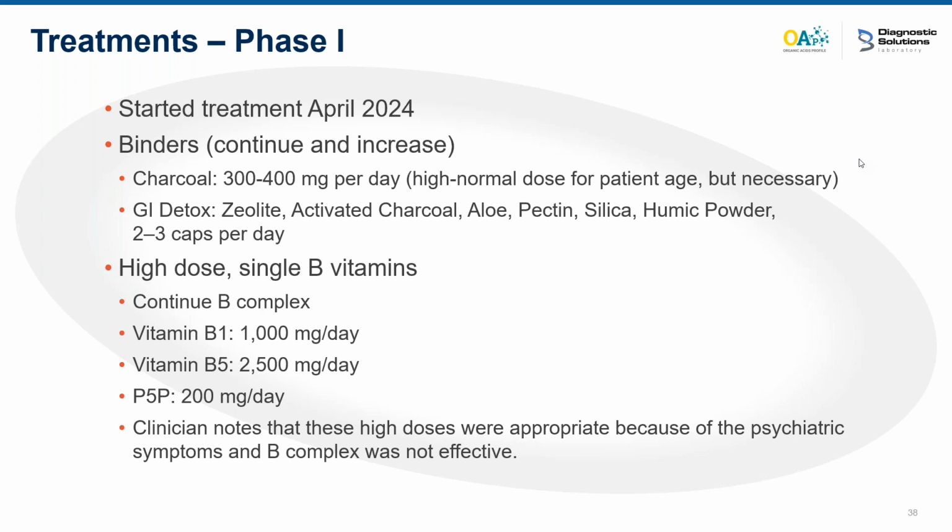I think Abram Hoffer is the famous one, I can't remember if it's seizures or schizophrenia, but some of these B vitamins are used in basically pharmacological doses. So it's within the spectrum of practice, but I just urge you guys that are new to this to be aware of that with this case.